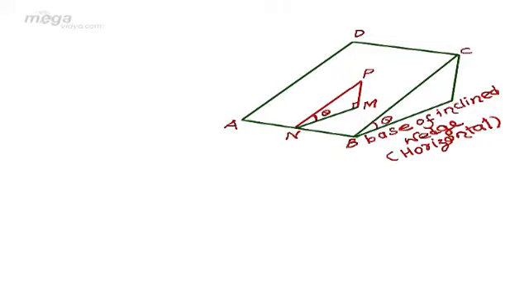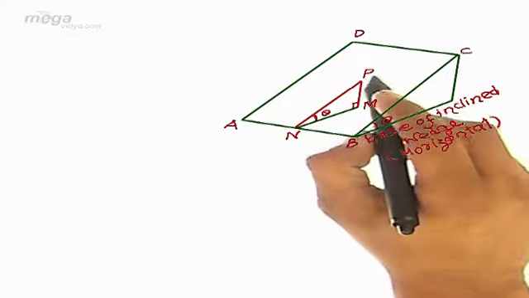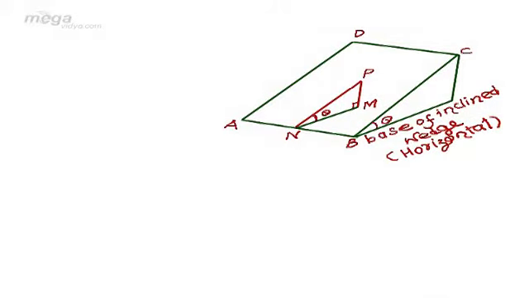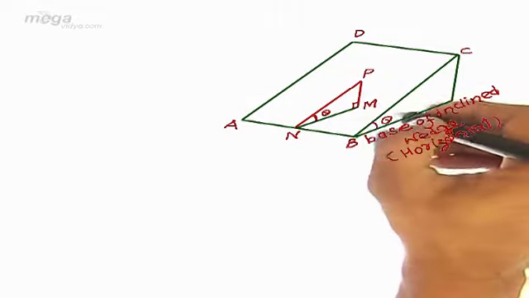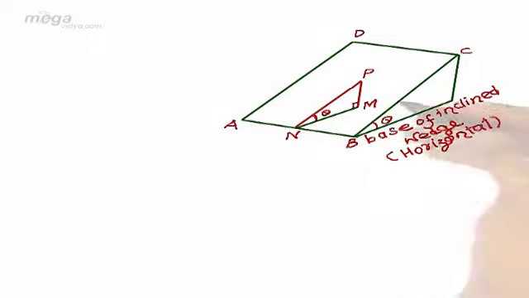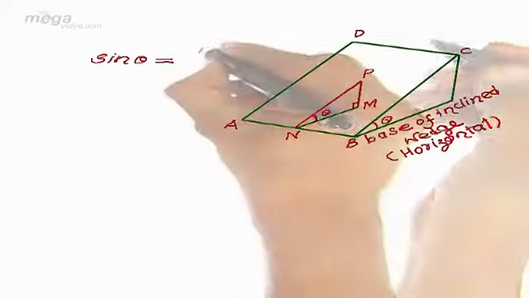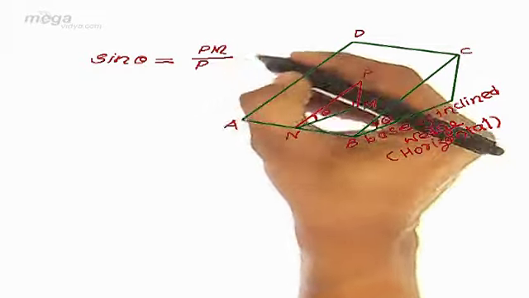Here the line PN is said to be the line of greatest slope, because on this incline the slope can never be more than the slope of this line. If we express this angle in terms of the length PN and height PM, then we can easily say that sin theta is equal to the length of line PM divided by the length of line PN.